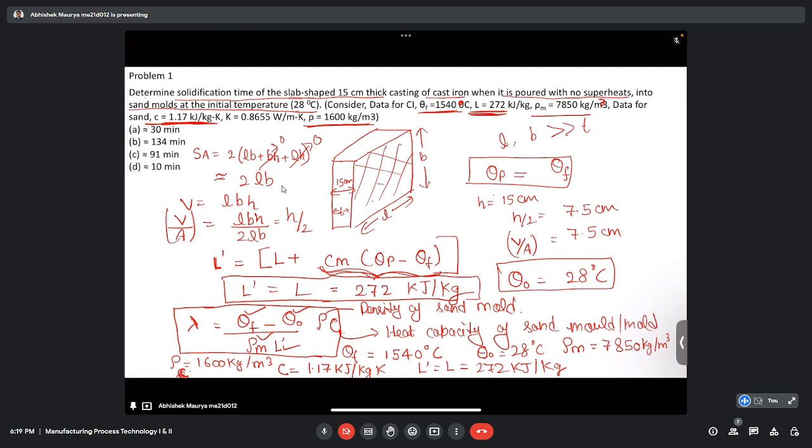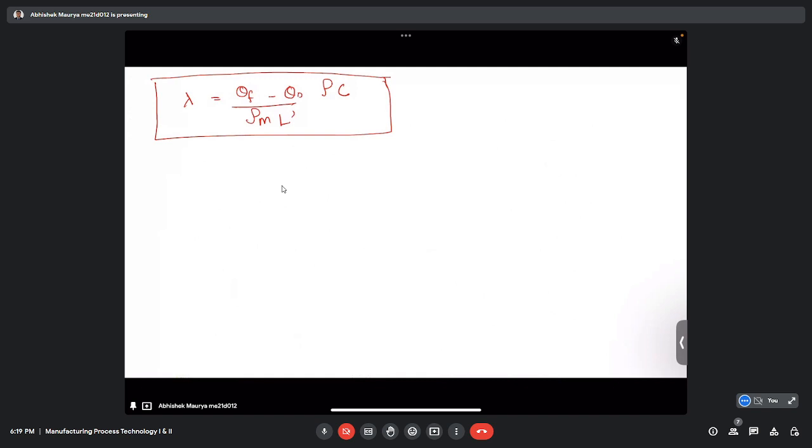You see, I have listed down all the values. If you have got the values, you can unmute yourself and let me know, or you can write in the chat.